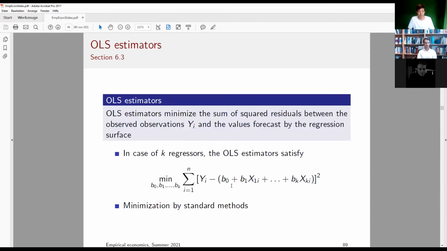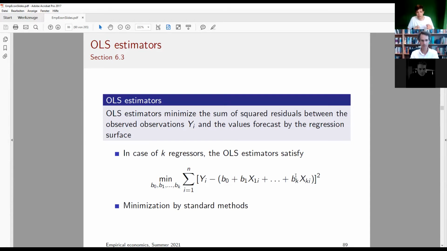Our OLS estimators can now be derived in the very same way as we did with the simple regression model. The only difference here is that we no longer minimize the sum of the squared deviations of yi and b0 plus b1 xi only, but we also add all the other regressors because now we have them inside the model.